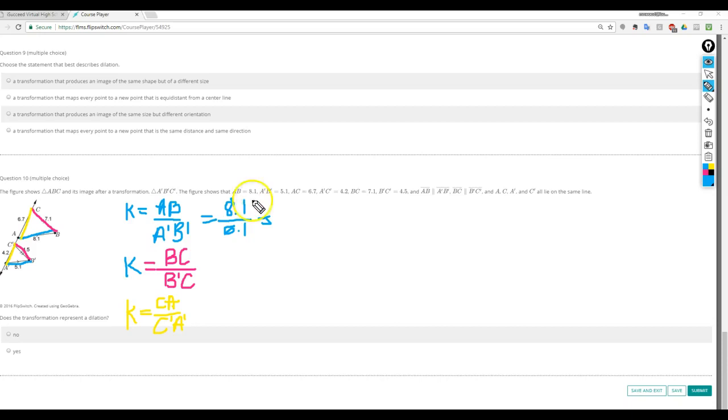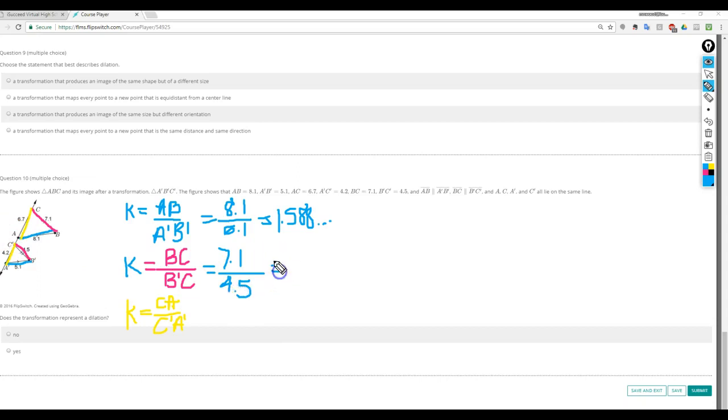And it's 1.588. Continue. And now we're going to find the scale factor for the corresponding sides BC and B prime C prime. BC's length was 7.1, and its corresponding side B prime C prime is 4.5.